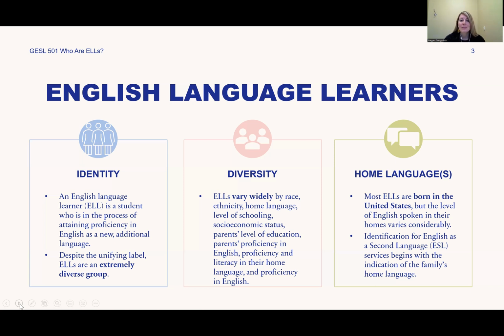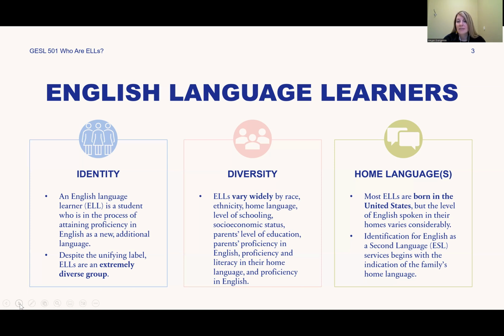So despite this unifying label of ELL, our students are from extremely diverse backgrounds. They come from different races, ethnicities, varying home languages, level of schooling in their previous experience, different socioeconomic statuses. And then when we think about our parents, they come from varying levels of education, of formal schooling.